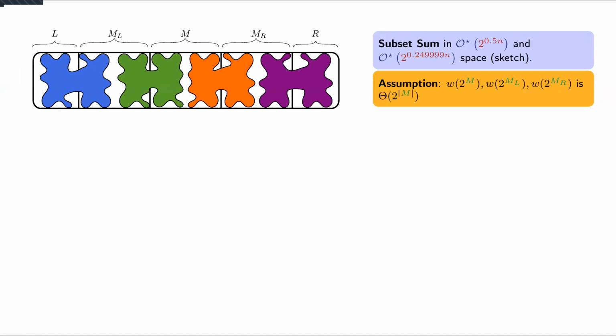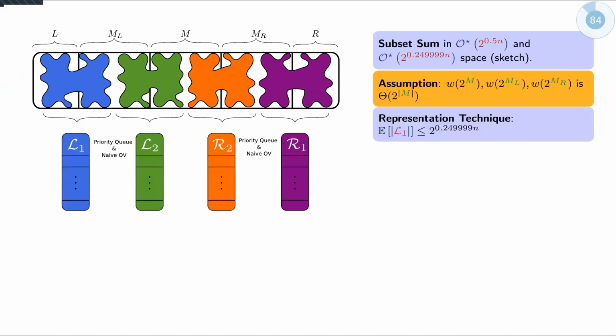And since we have 5 distinct sets here, we are having 4 different possibilities. Then we are going to enumerate this calligraphic L1, calligraphic L2, calligraphic R2, calligraphic R1 with the representation technique. And this clever sampling idea of ours will give us the property that the expected size of these sets here is smaller than 2 to the 0.249999n.